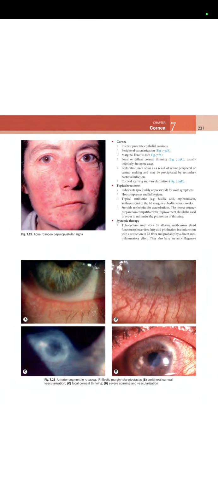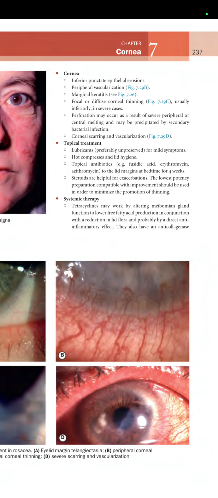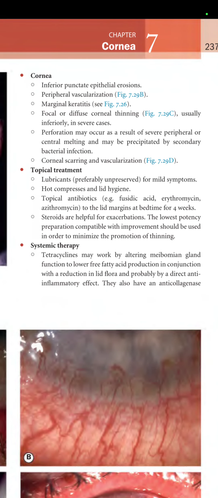Now next is corneal involvement. Inferior punctate epithelial erosions, peripheral vascularization, marginal keratitis, focal or diffuse corneal thinning, usually inferiorly in severe cases. Perforation may occur as a result of severe peripheral corneal melting, may be precipitated by secondary bacterial infection, corneal scarring, and vascularization.